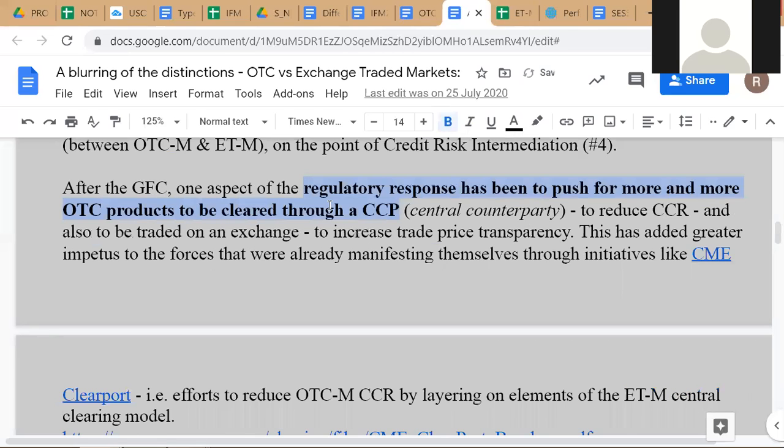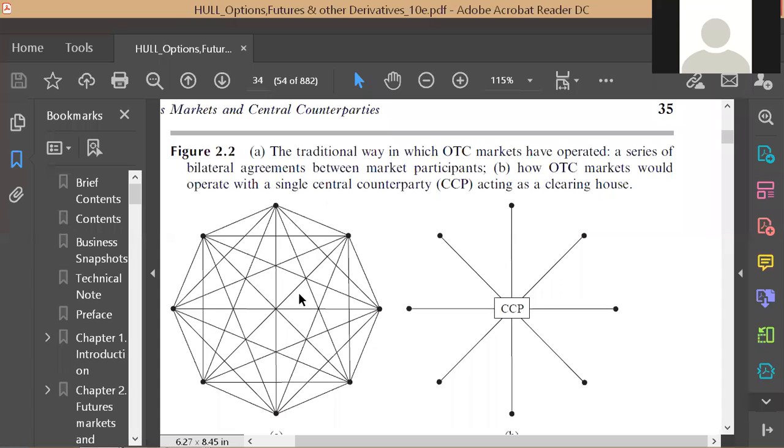So basically, what regulators were saying is, the idea is like this: if we had the earlier traditional method of functioning of OTC markets, each party dealing with each other, and there's a sudden market crisis like the global credit crisis, where many derivative products dropped very sharply in value, and many of these guys had positions in those products, they all had large losses to which they were each exposed.